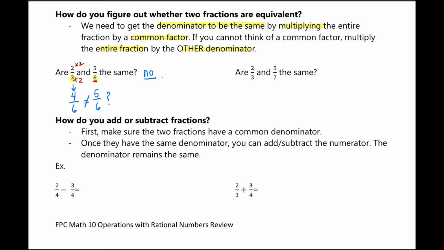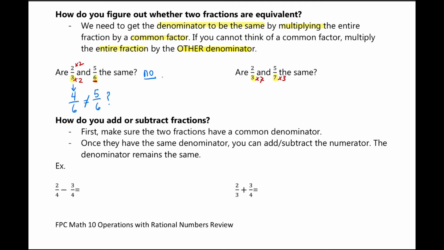How about the next one? Are 2 over 3 and 5 over 7 the same? This time, unfortunately, these two numbers are prime numbers, so we know that they're not multiples of each other. So we have to just multiply the entire fraction by the other denominator. As in, for the first fraction, we want to multiply the entire fraction by 7. For the second one, we want to multiply by 3.